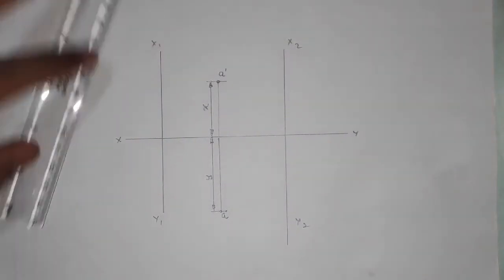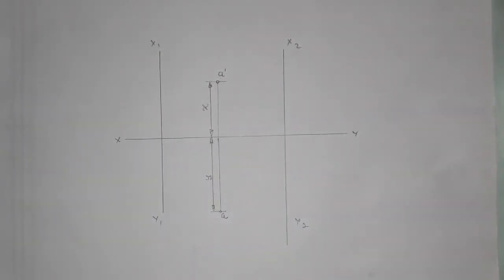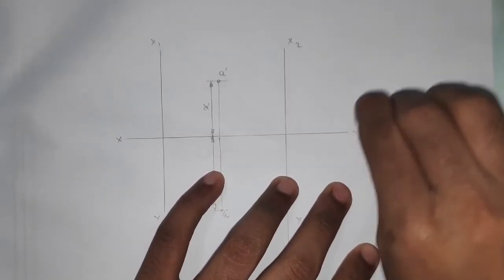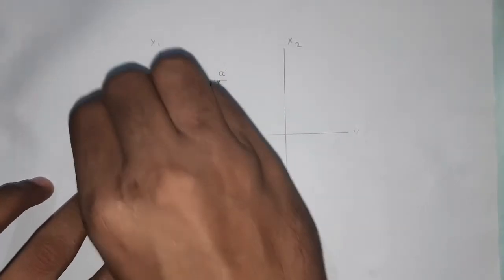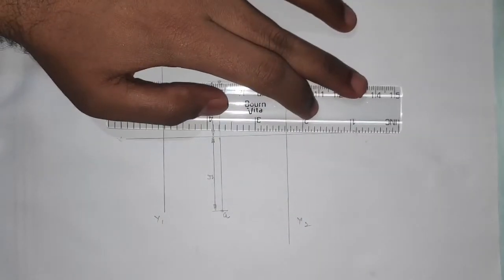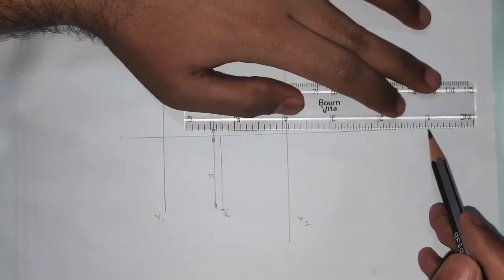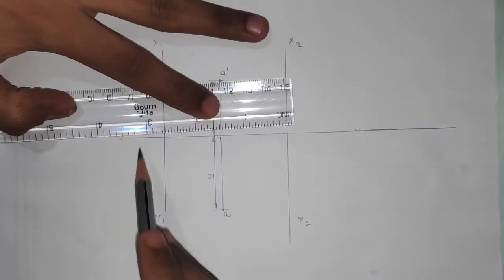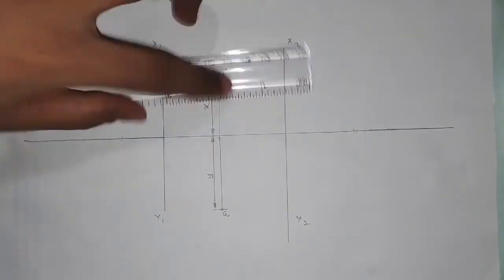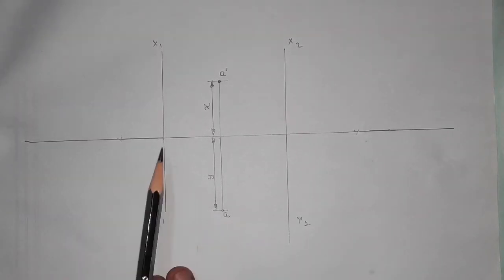Now the first method we'll be following is the 45 degrees to the x1 y1 or x2 y2 line. Here I'll extend my xy line so that I can easily obtain my side view, towards my right as well as towards my left. Now we need to draw the 45 degree line from the intersection of the x1 y1 line.